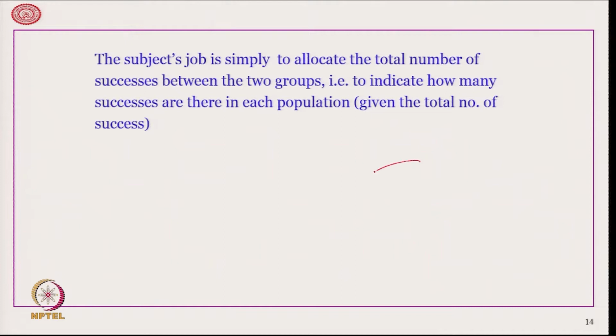So, suppose as before there is A population and there is B population of size say m and n, and there are some successes and failures here and some successes and failures here, and we want to check if there is any difference between the success rate of A and B. What is given to us is that out of m plus n elements, how many successes there are.